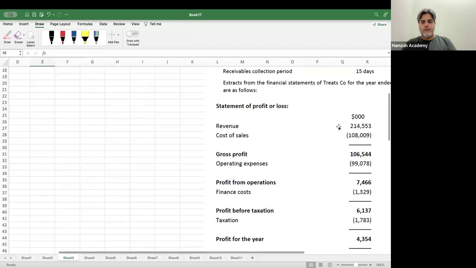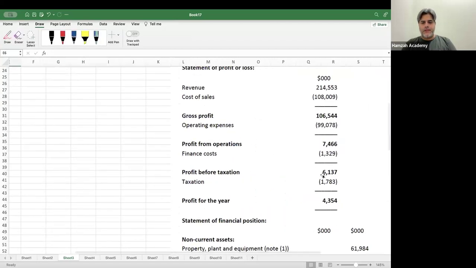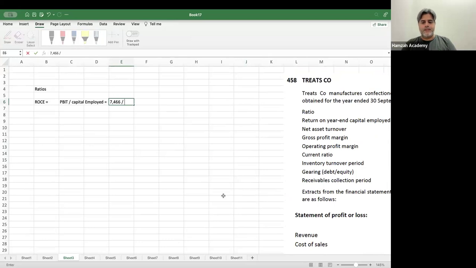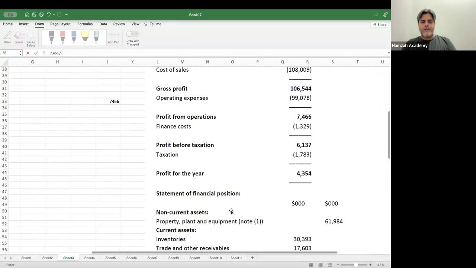Profit before tax is 6137, so we add 1329 to it. 6137 plus 1329 gives 7466. That's going to be 7466 divided by capital employed, which is equity plus debt.